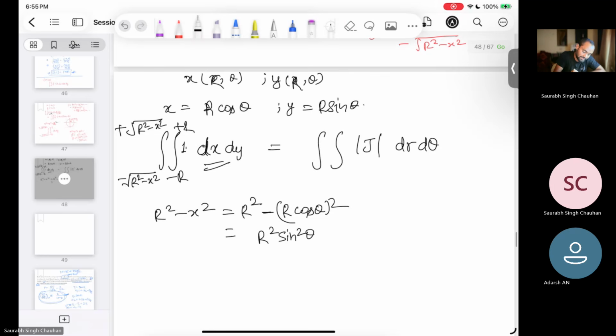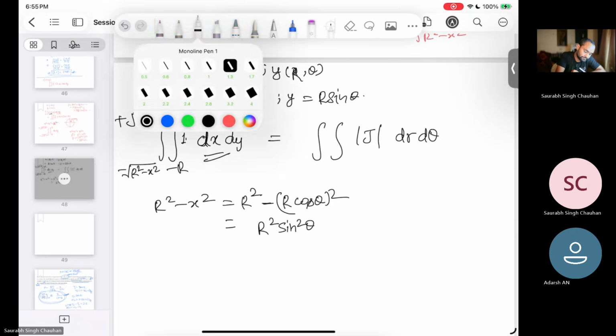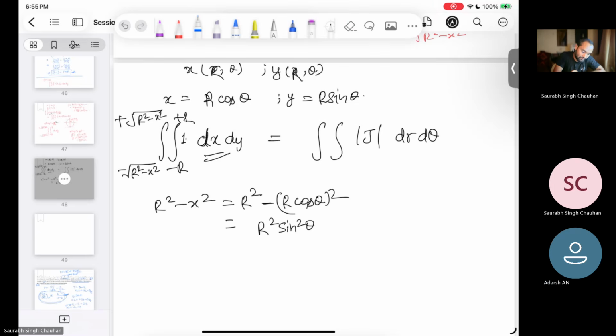So the limits will be: one will be only minus R to R, with no change because it is already constant. But the other one will become minus root of R square sin square theta, that is, minus R sin theta to plus R sin theta.